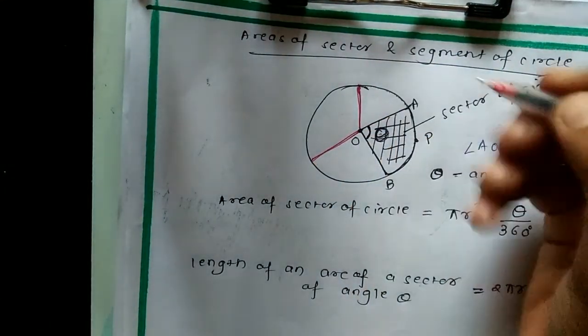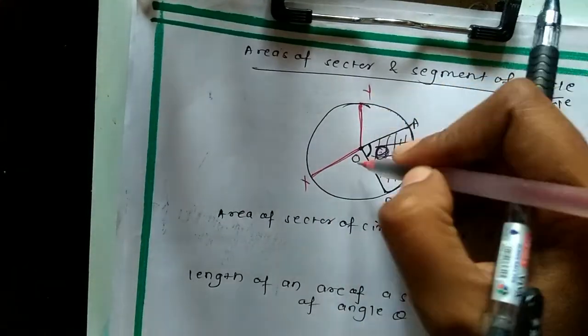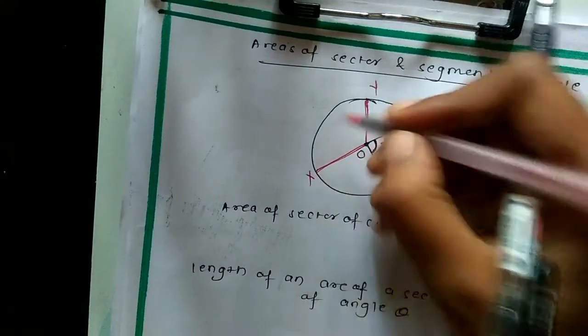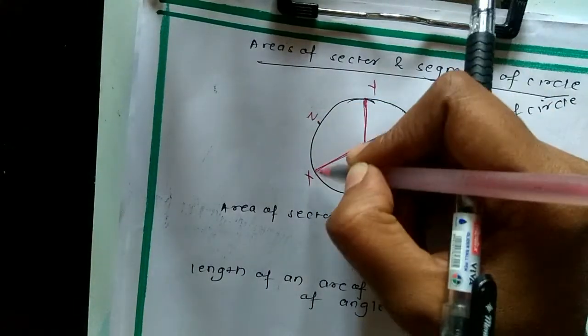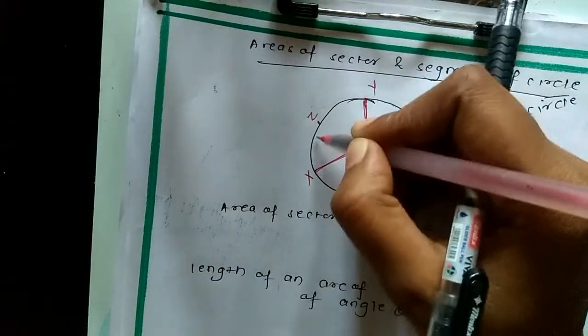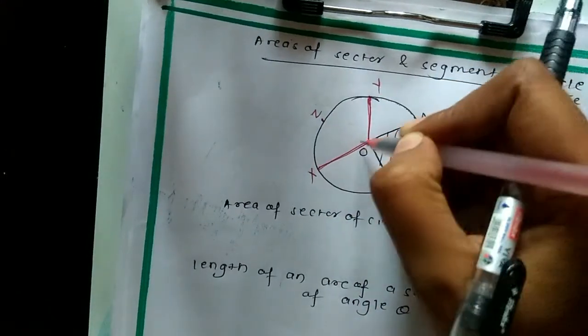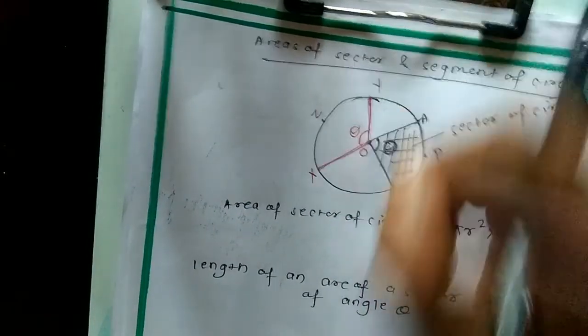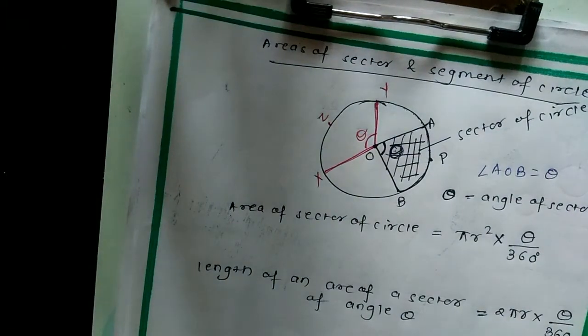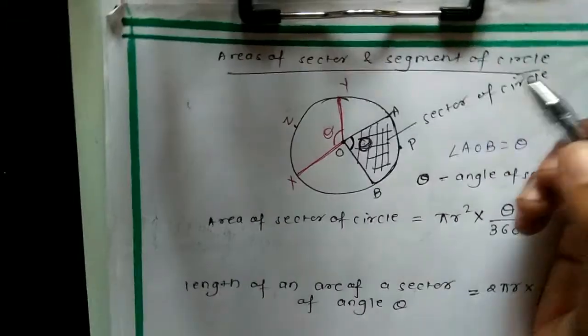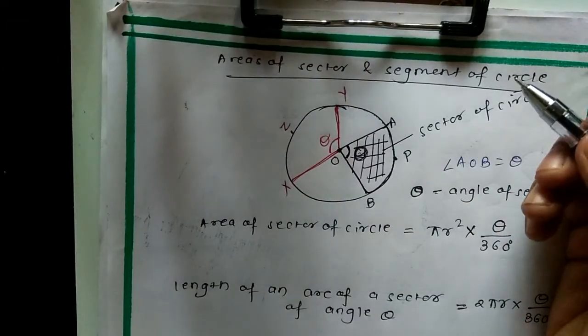I have named this as P here, so I'll name here X and Y. So this is a segment formed by the chord XY, and let us name this point Z. So this is an arc XZY corresponding to this chord, and let us take this angle as theta, some different angle. Sometimes they will ask you to find the segment area.